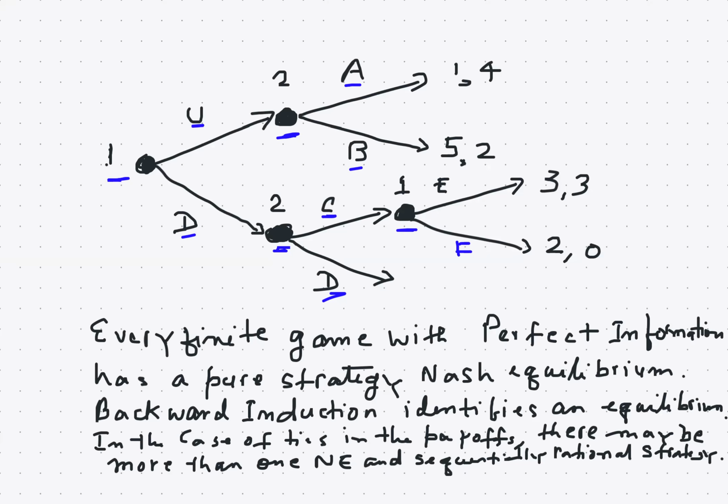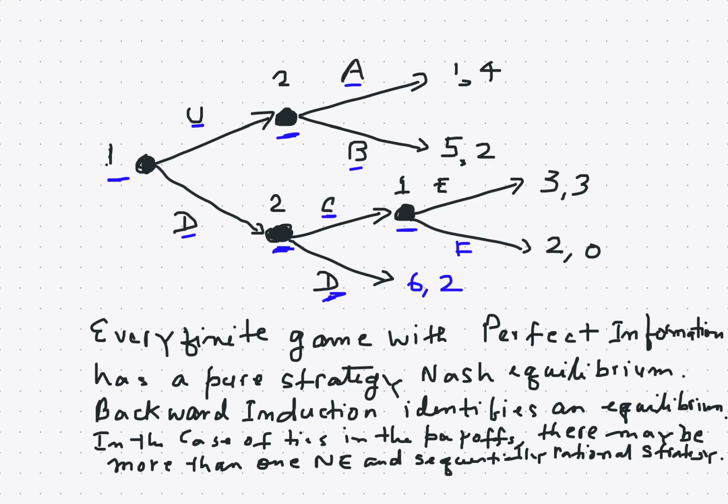But if player 2 chooses D, then the game ends with payoffs, let's say 6 and 2. All right, so that completes this extensive form game.